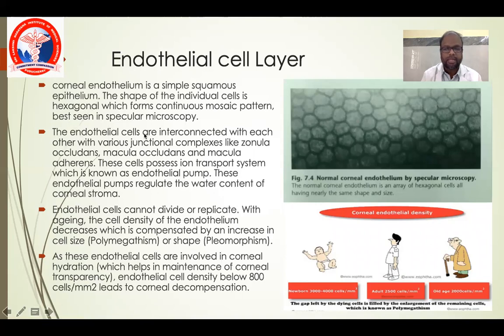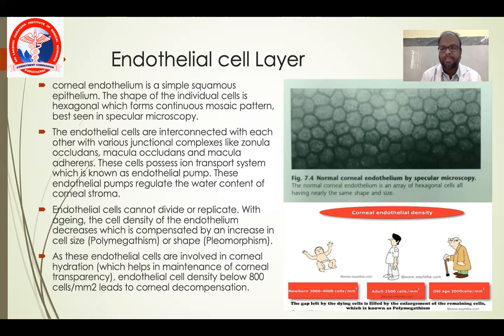The endothelial cells are interconnected with each other by various junctional complexes like the zonula occludens, macula occludens, and macula adherens. These cells possess an ion transport system that is called the endothelial pump. This endothelial pump and other stuff we will be discussing when we discuss physiology of the cornea. These endothelial pumps regulate the water content of the corneal stroma. The corneal transparency is also dependent on how much water the cornea possesses.